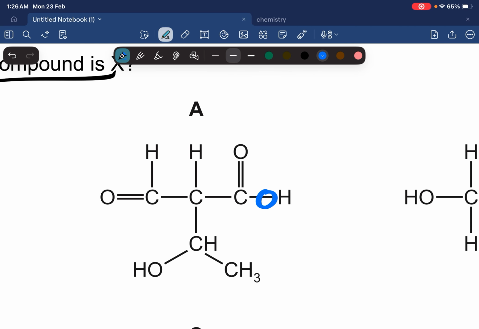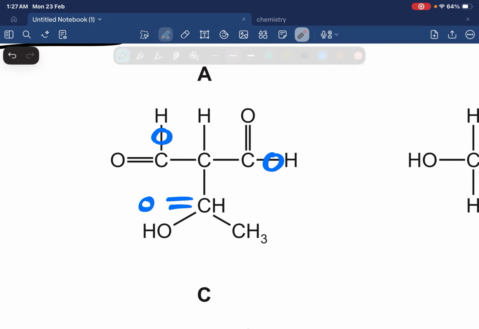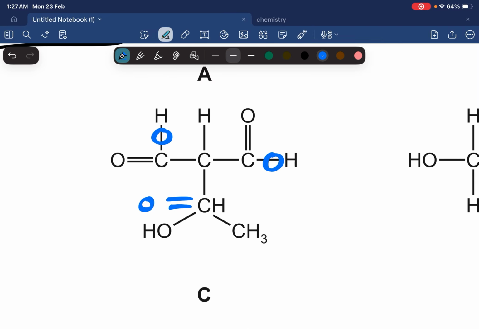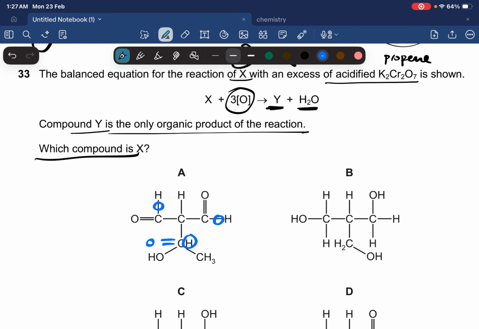Now let's see what things I am removing. Obviously I'm going to oxidize it. What things am I going to remove? From here, I'm going to remove this H. From here I'm going to remove this H, and then what else can I remove? Let's see. I have to fill the valency of the carbon. So 1 2 3 4, 1 2 3 4, and then this carbon is making 1 2 3 4 5 bonds.